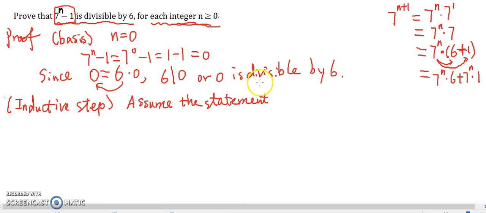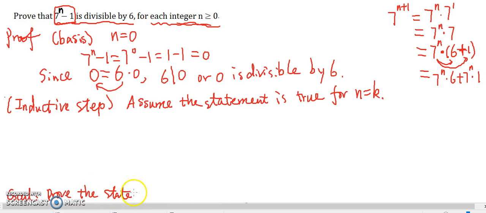We assume the statement is true for n equal to k. And our goal is to prove the statement is true for n equal to k plus 1.